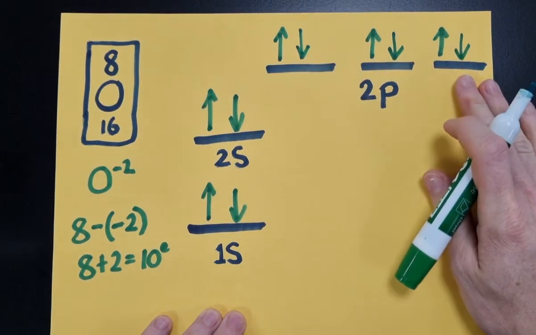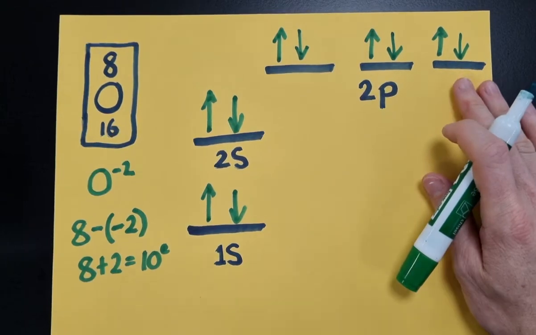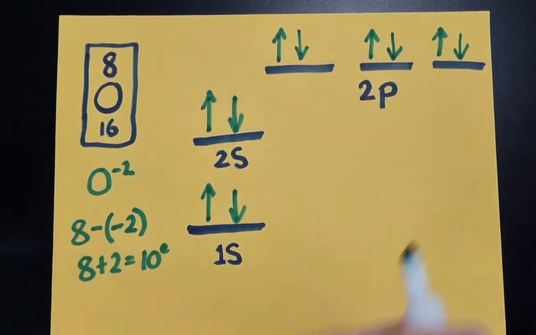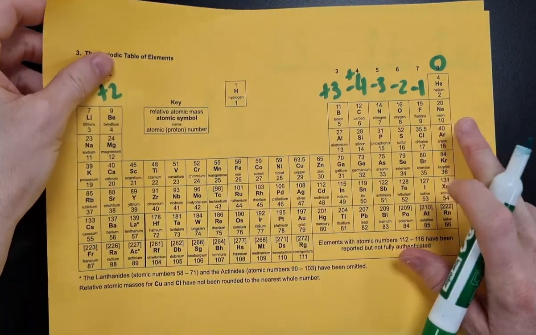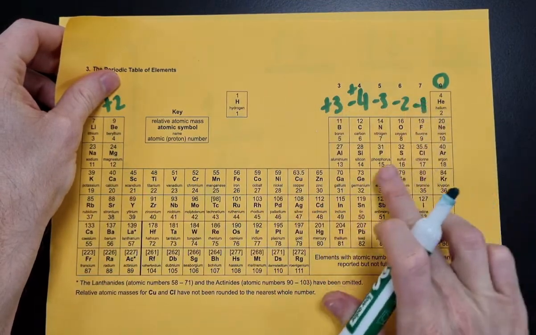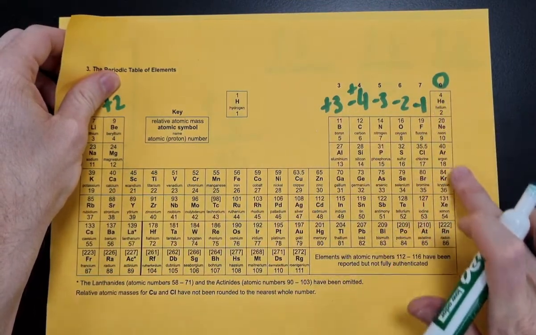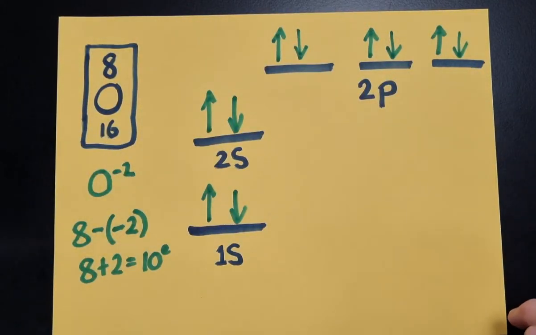This means that we have now filled up our shell completely and are matching that of neon, having 10. Remember, our whole purpose of these ionic numbers is to get back to this perfect column, our noble gases. We want to mimic them as best as we can.